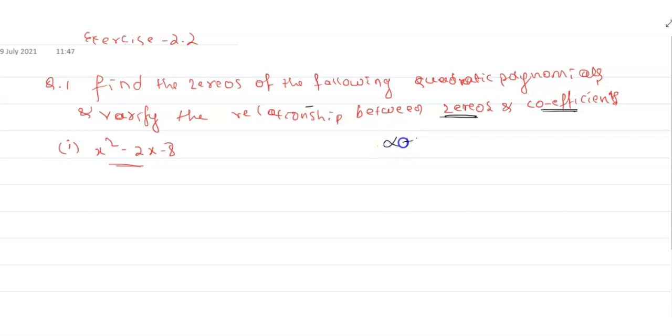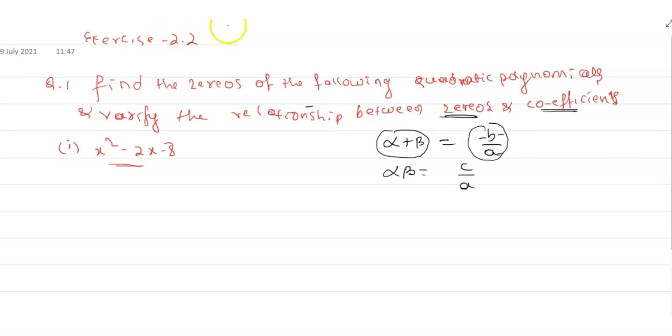So alpha plus beta, the sum of zeros, is equal to minus b upon a, and the product of zeros is equal to c upon a. Here alpha and beta are the zeros, and minus b upon a, b and a are the coefficients. This is the relation between zeros and coefficients.